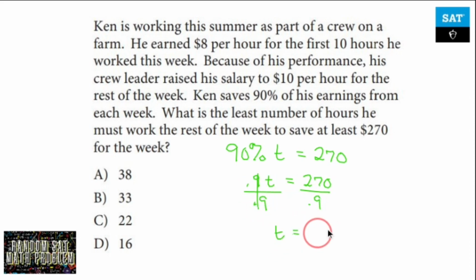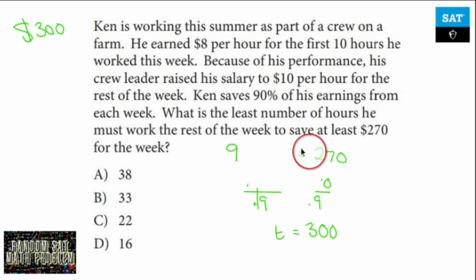And so he needs to make $300 in order to save $270. Now, my goal is to find the least number of hours he must work the rest of the week to save at least $270.